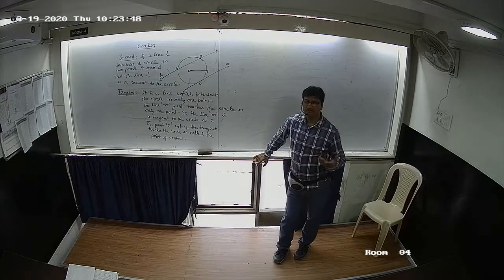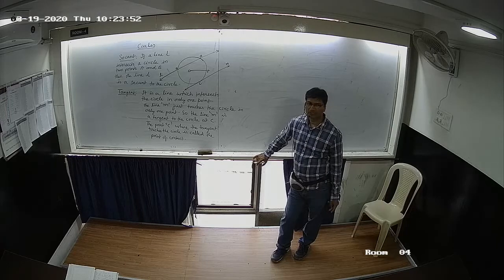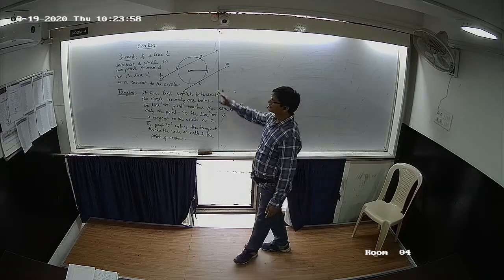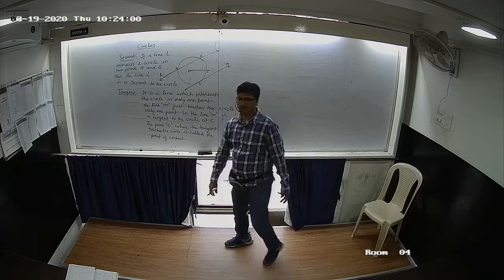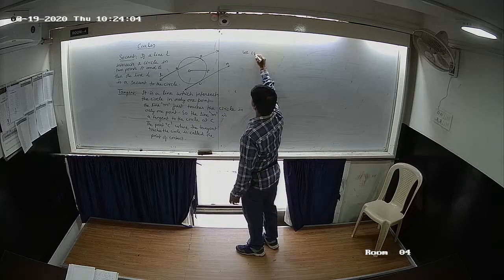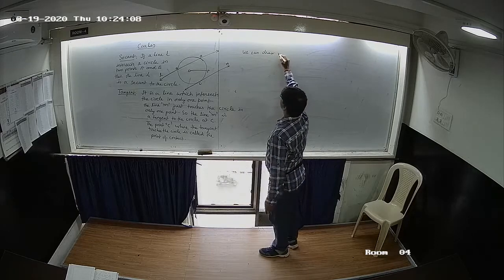Now, can you tell me how many tangents can we draw to a point on the circle? So if you see, we can draw infinitely many tangents.